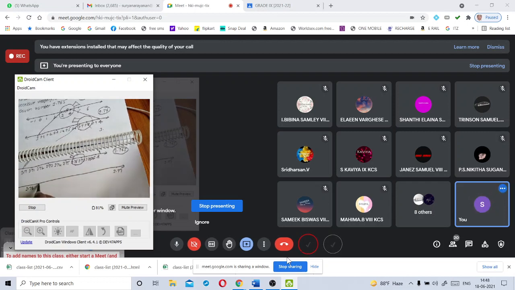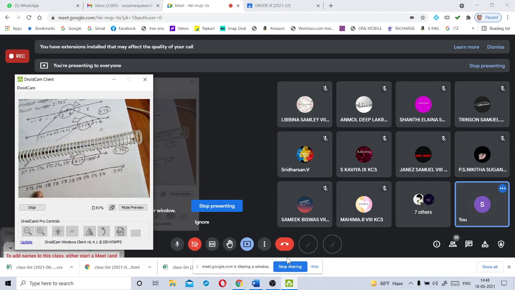Here 1, 2, 3, 4, 5, 6, 7, 8, 9 and 10. 10 equal parts. Right here 3.76, and repeat the same number 3.76 at each point.